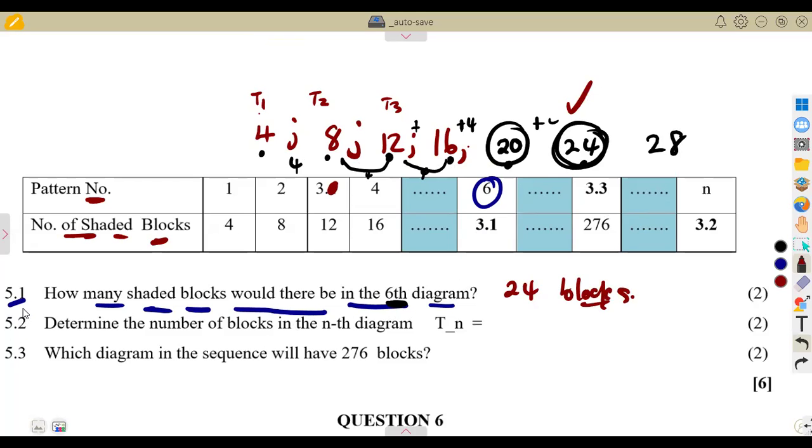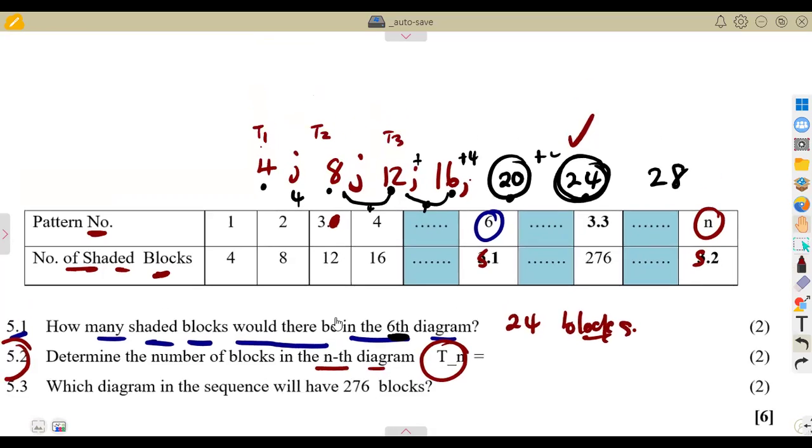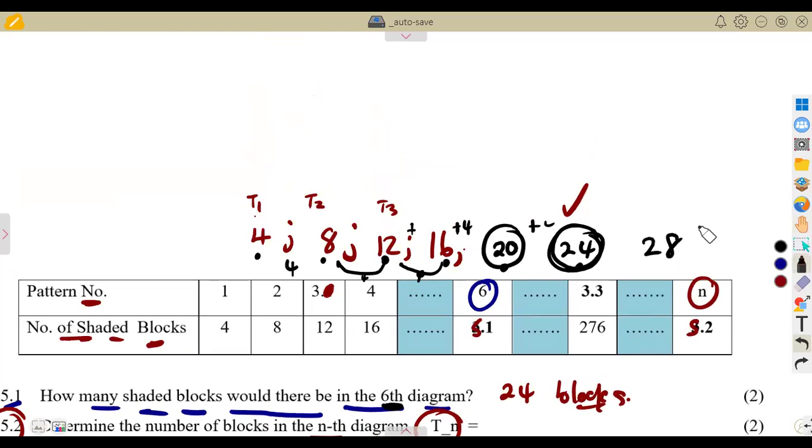All right. 5.2, determine the number of blocks in the nth diagram. In the nth diagram, what is going to be the Tn? They are simply asking you to find Tn. So you can do that, but remember what I said when I talked about this type of question on a linear pattern where there's a common difference throughout.